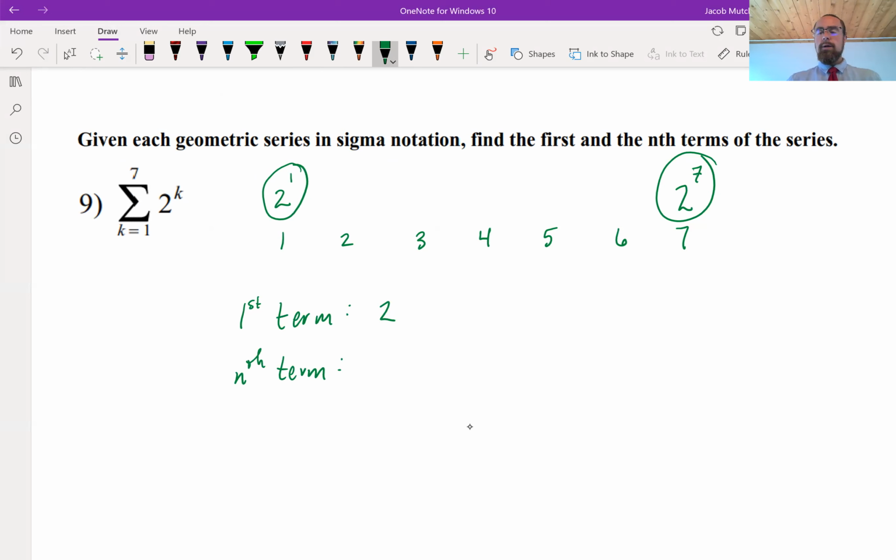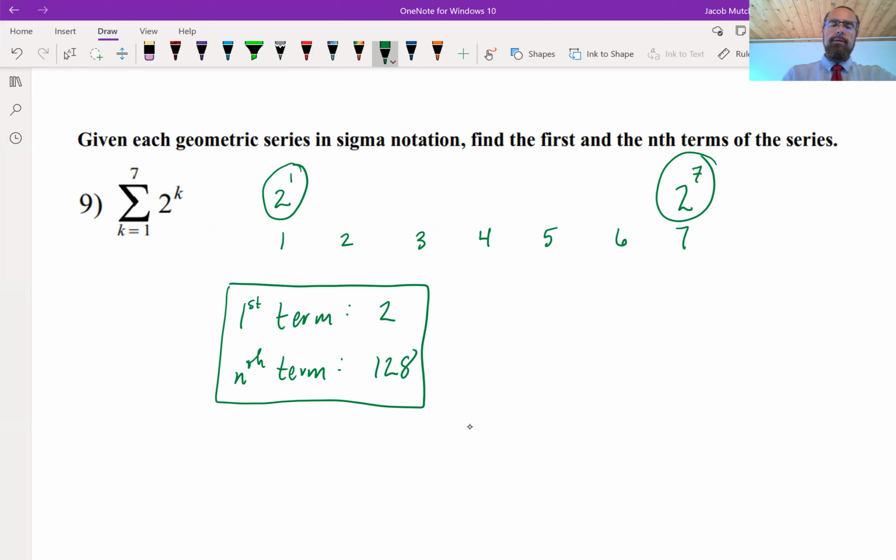Remember, 2 to the power of 6, that's like 4 cubed, is going to be 64. So if I multiply by the 7th factor of 2, 64 times 2 is going to give me 128. And that will give me my first and my nth term.